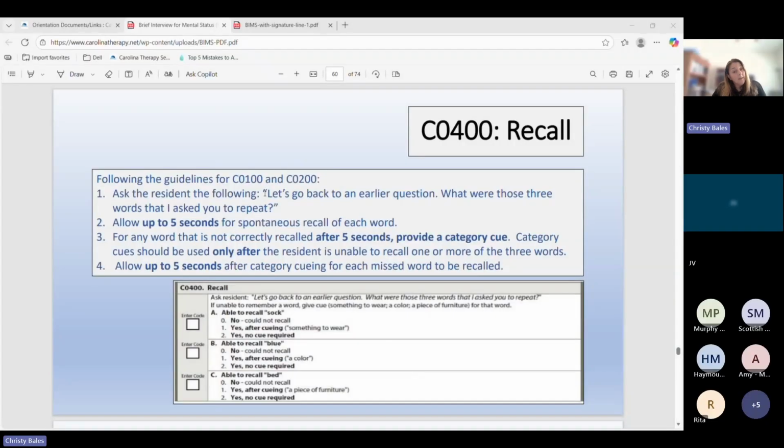If it's less than 5 seconds and we move on, it is not given properly. For any word that is not correctly recalled after 5 seconds, provide a category cue. A category cue should be used only after the resident is unable to recall 1 or more of the 3 words. Allow up to 5 seconds after category cueing for each missed word to be recalled.